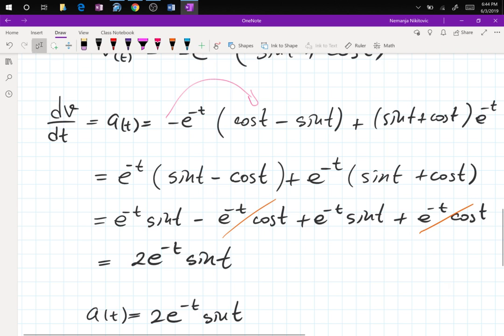You can be given a polynomial function, logarithmic function, square root function. It doesn't matter what your position is as a function, as long as you know to take the derivative properly. You will be able to take the first derivative and get velocity, take the second derivative and get acceleration.